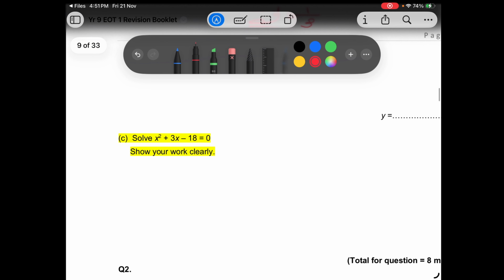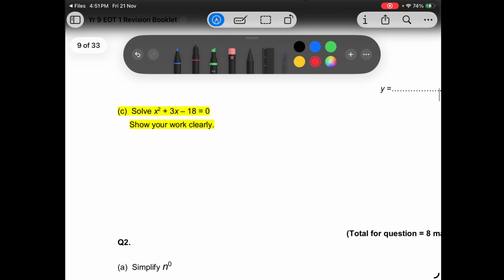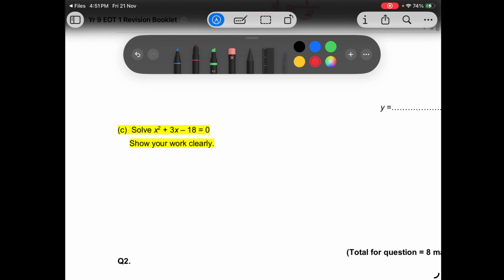Next, solve x squared plus 3x minus 18 equals 0. And fortunately, this quadratic equation is monic. Monic means the leading coefficient is 1. Meaning x squared multiplied by a number. Which number is that? It is 1. So how to factor this easily?